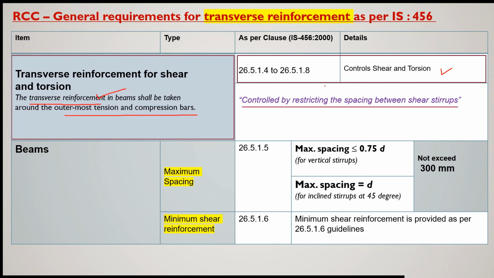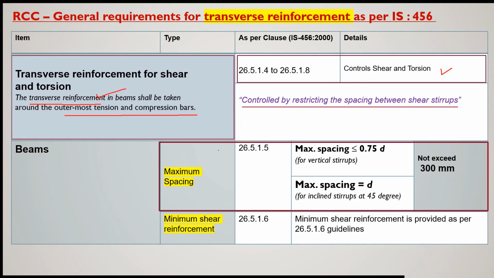If you increase the spacing between the shear stirrups, definitely the area of shear reinforcement will decrease. And when you put shear stirrups closely, the number of stirrups will be more, so the area of transverse reinforcement will automatically increase.